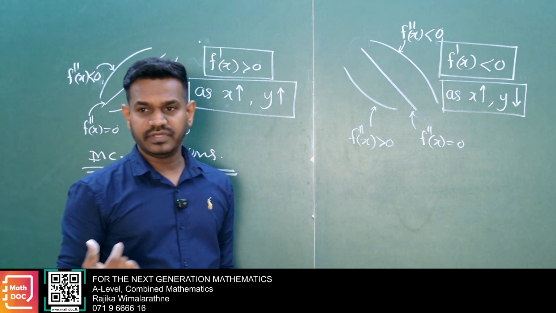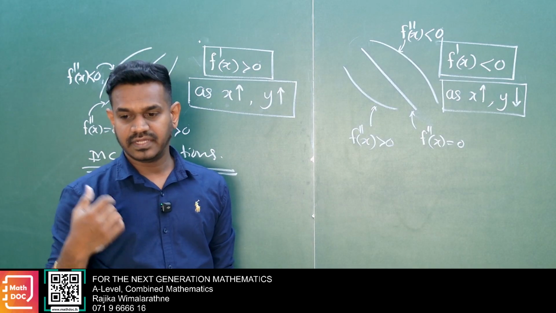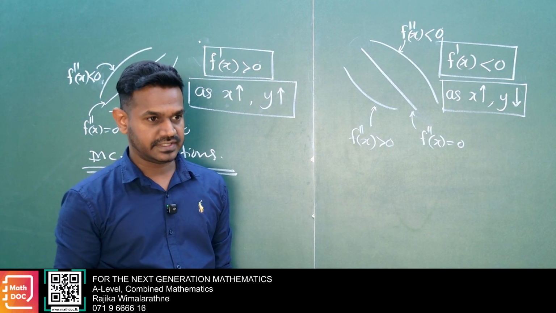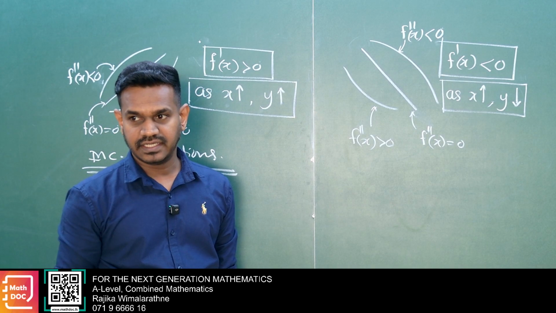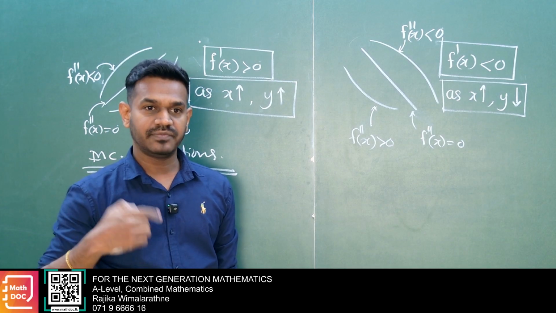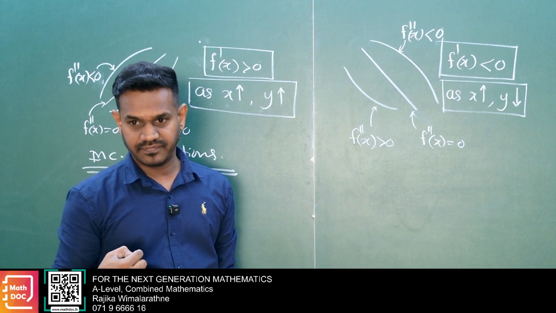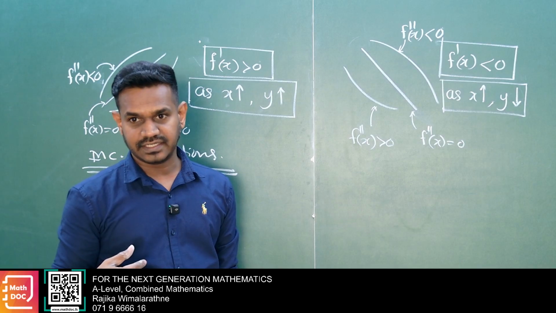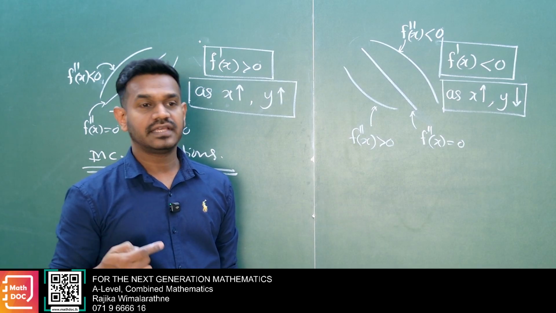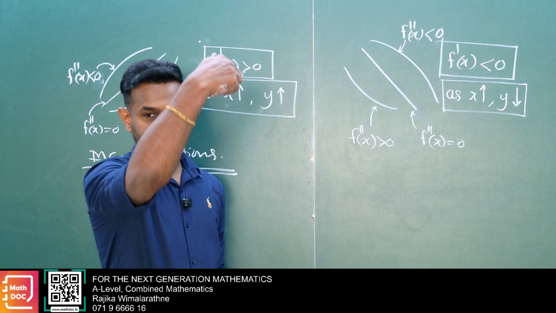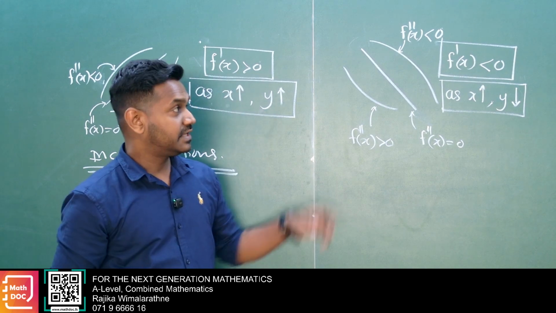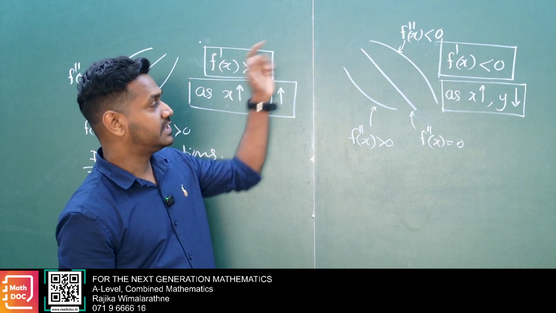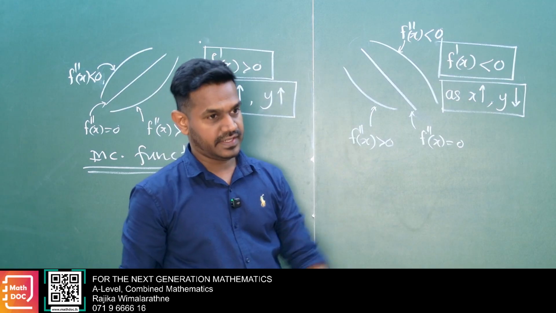Then we have two different function types, increasing functions and decreasing functions, and also increasing and decreasing. So in the same single function, there can be an increasing region and a decreasing region. In the increasing case, as x increases, y increases, with positive gradient. For decreasing, negative gradient.